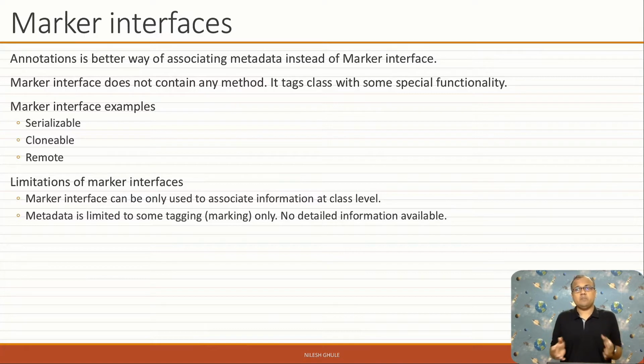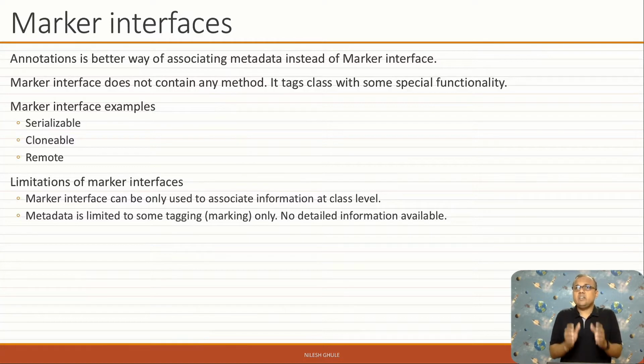Another good example is the Cloneable interface. Java's Object class clone method creates a copy of the object if and only if the class is inherited from the Cloneable interface. Otherwise, it throws an exception.